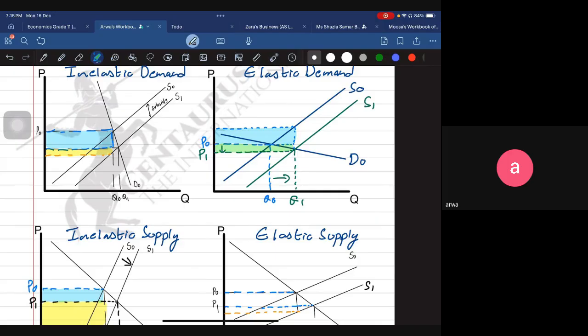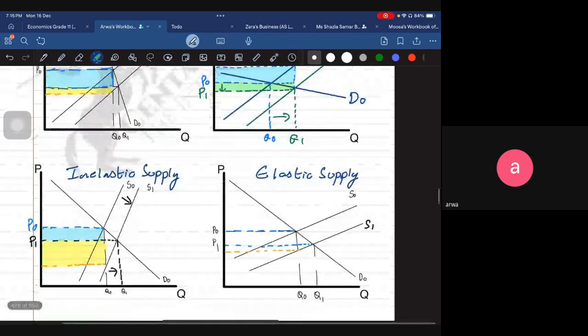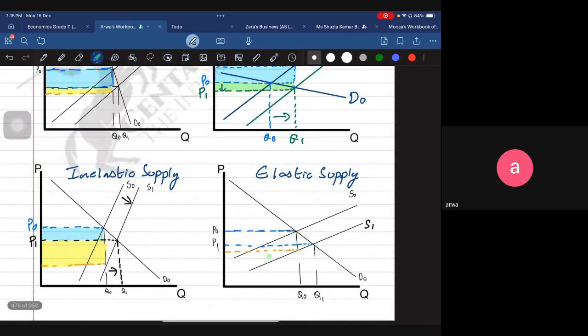Actually, it should be like this. Now you understand this. So you have to go upwards. We are not going to go downward, because when I was going downward, it was at the same supply curve S naught. We have to make it from the S1 basically. So this one is correct, not this one. Now you understand that.